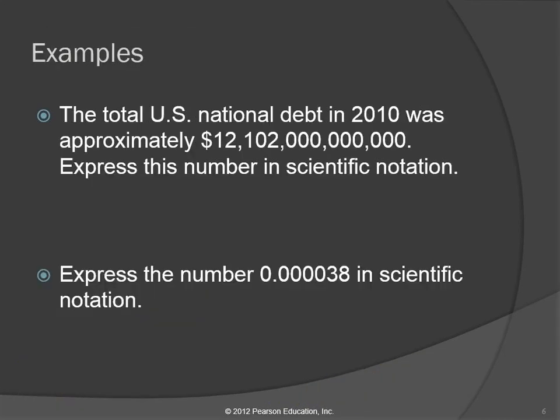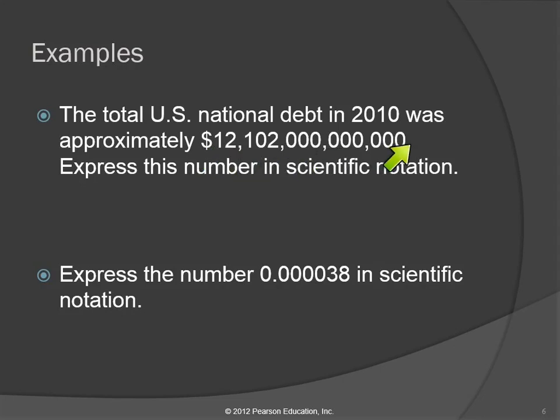So examples. Total U.S. national debt in 2010 was approximately, that's a really big number, right? Express this number in scientific notation. So what we need to do is take the decimal point, that's actually a period, but the decimal point would be there, and count how many places we have to move it so that it's after the 1.